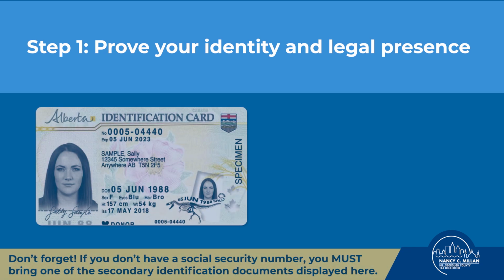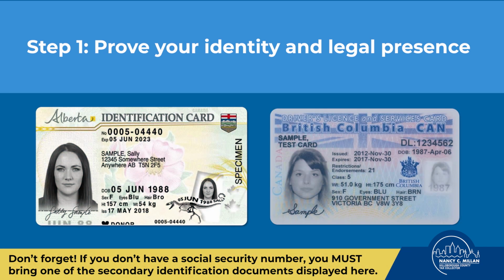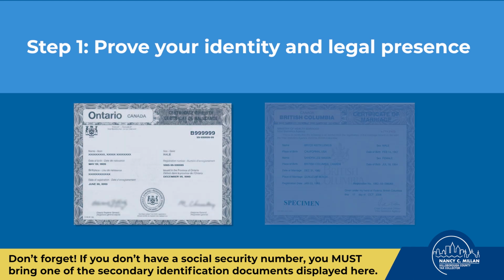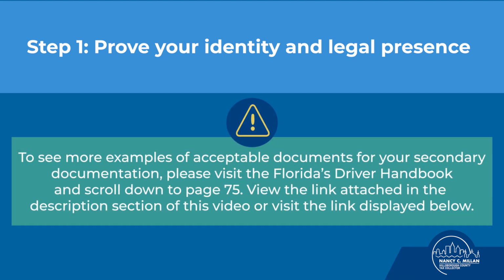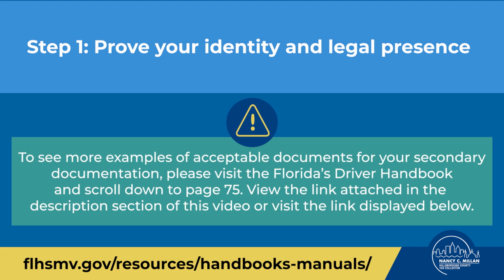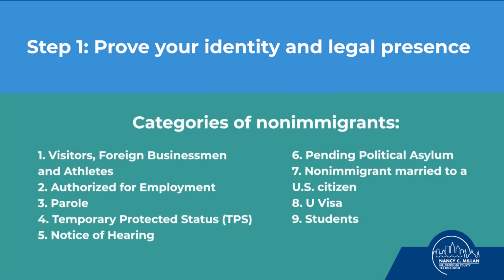And remember that you still have to bring your identification card, driver's license, or your birth or marriage certificate issued by the government of your home country. With that said, we are going to continue with the different categories within the classification of non-immigrants.